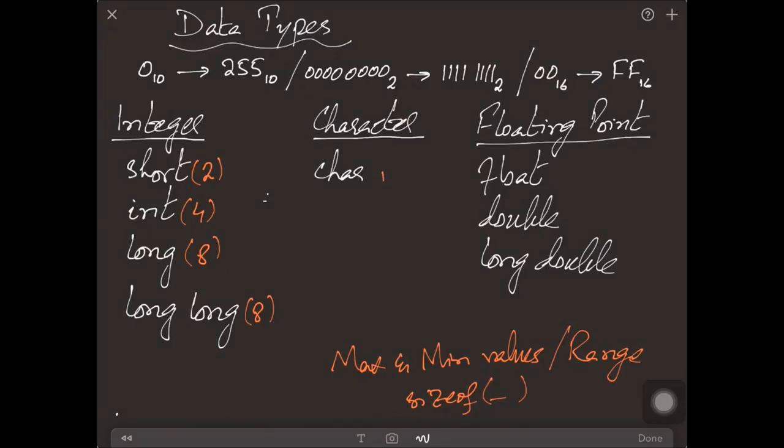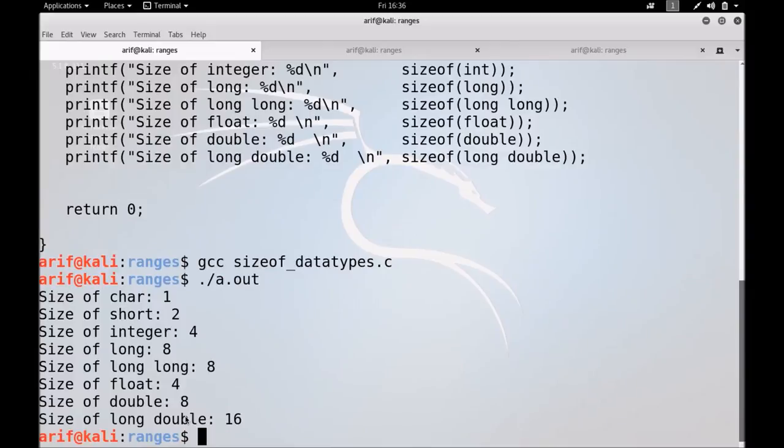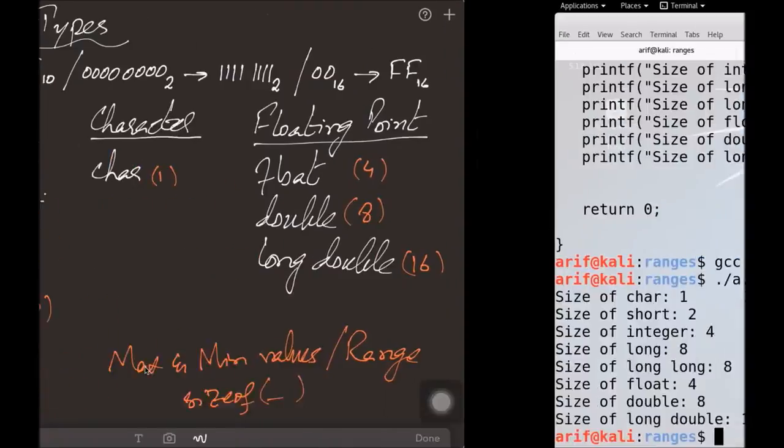The character takes 1 byte, float takes 4, double 8, and long double 16. Let me confirm long, yes, long is 8.